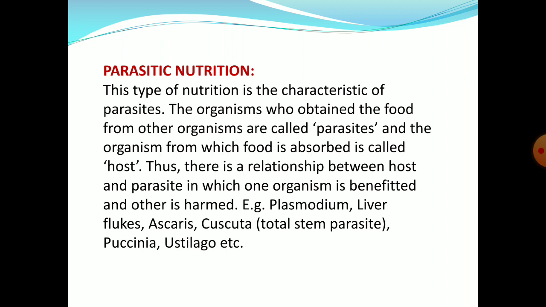The benefited one is parasite and the harmed one is host. Examples are Plasmodium, liver fluke, Ascaris, Cuscuta. Cuscuta is also called Amarbel, which is a total stem parasite, and Puccinia, Ustilago, etc.